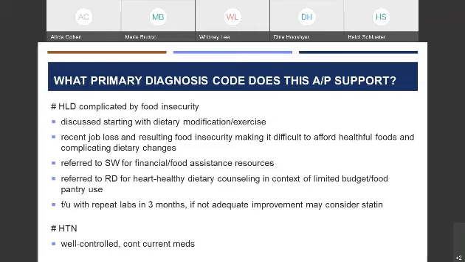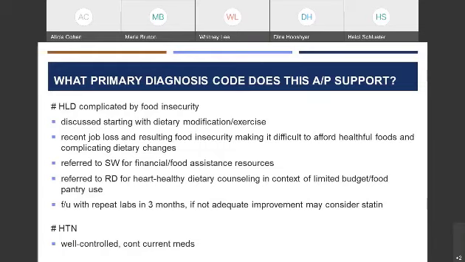Noting here that I referred to social work, both for financial and food assistance resources, also referred to a dietitian for heart healthy dietary counseling. Again, it's kind of explicitly saying in the context of limited budget and food pantry use, we'll still follow up with repeat labs in 3 months, and if not adequate improvement, we may consider a statin. I recognize clinically this is a simplification, but just thinking in the context of this example, what we might document. And then again, noting that hypertension is well controlled and that we will continue the current medications.